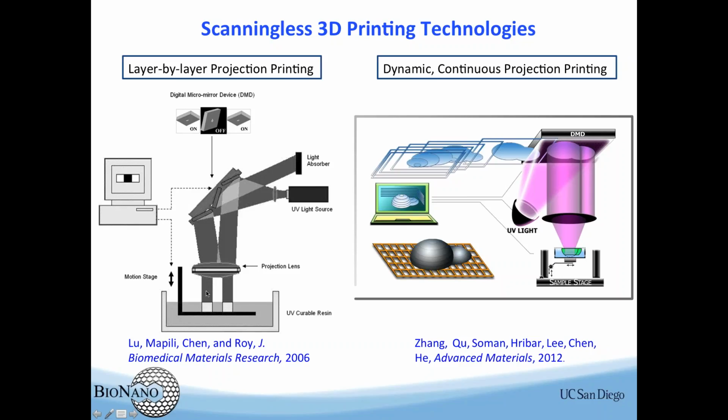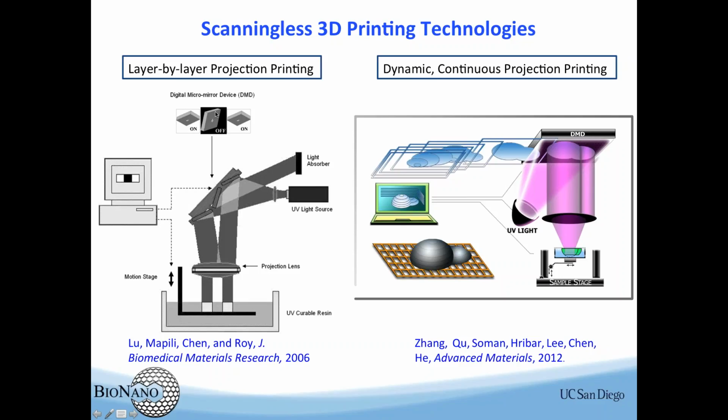So instead of having one laser beam here, we use a UV, actually now we can use a visible light, to the monomer solution with multiple spots. And in a traditional DMD machine, you can have 2 million micromirrors within this device. So that means you can have 2 million spot control simultaneously.